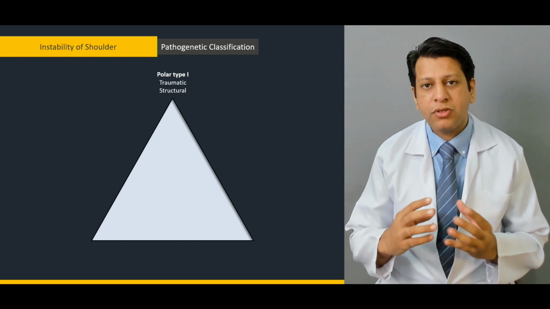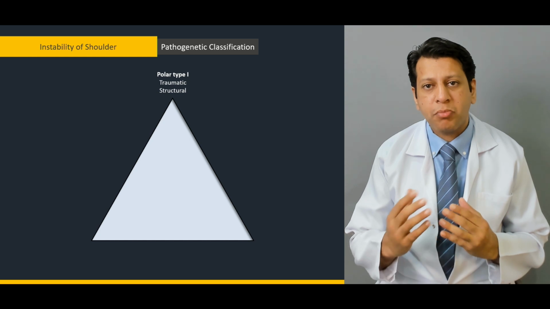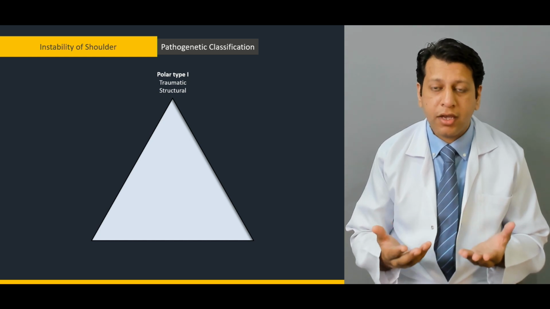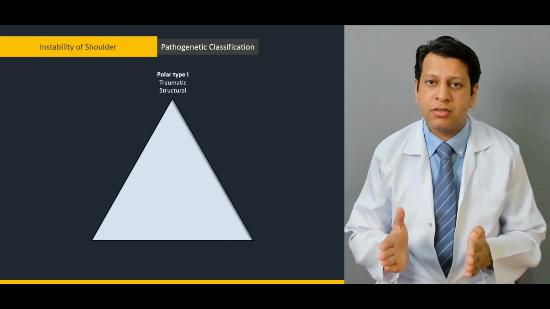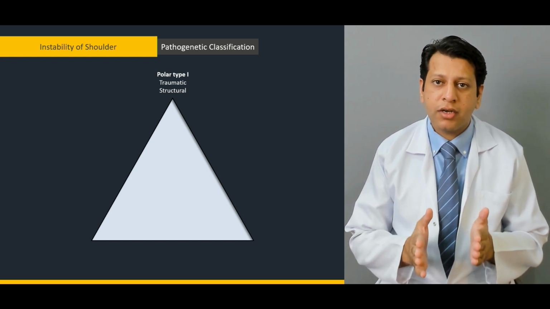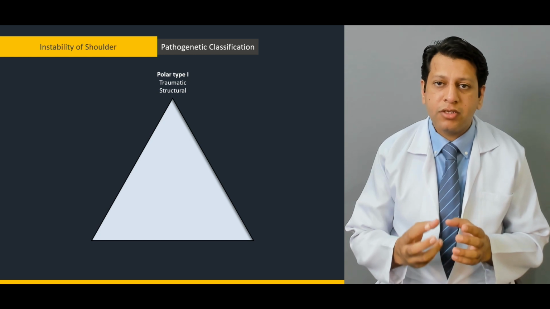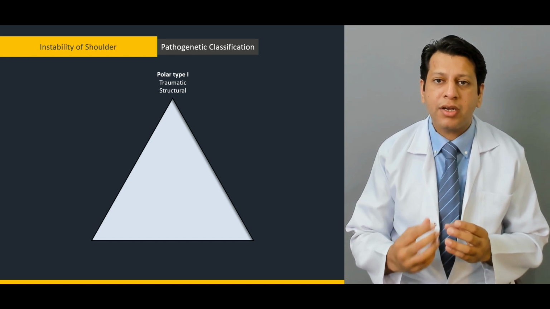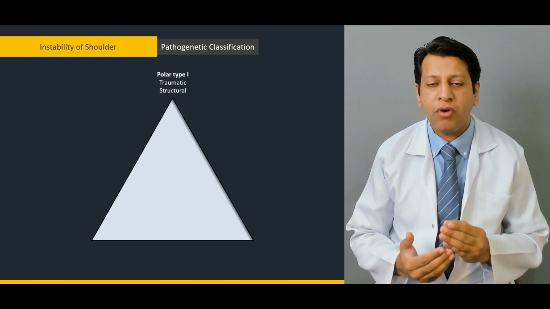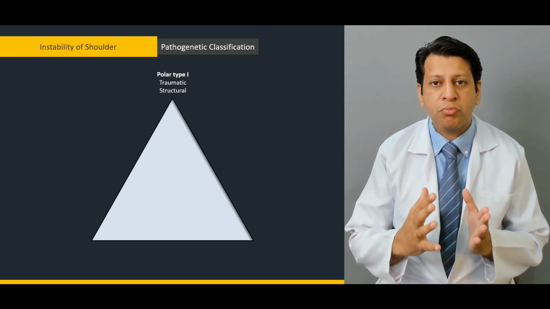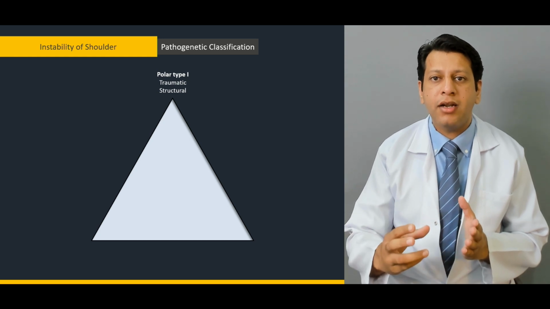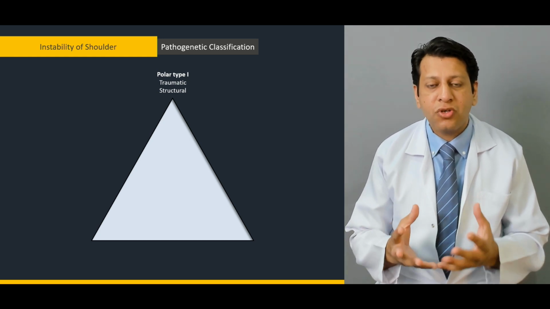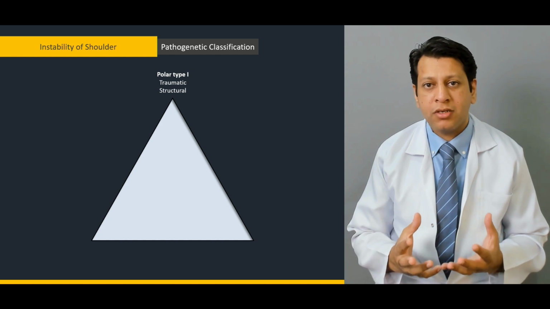Now when this glenoid heals, despite adequate reduction, as by any definition for any dislocation you have to first go for closed reduction, but despite closed reduction, which is adequate enough, this may produce a bony deformity in which space is available for the head to redislocate again and again anteriorly. This is a classical traumatic structural presentation.